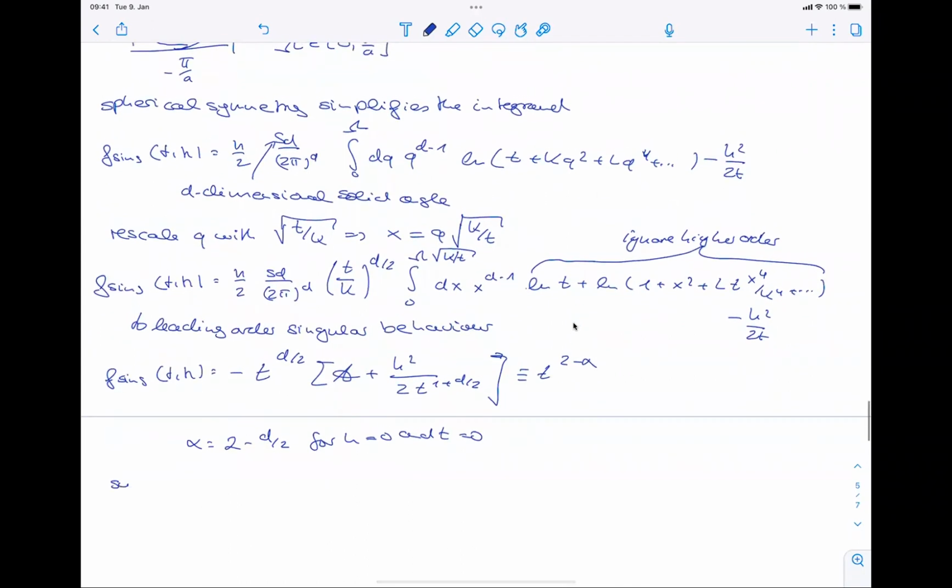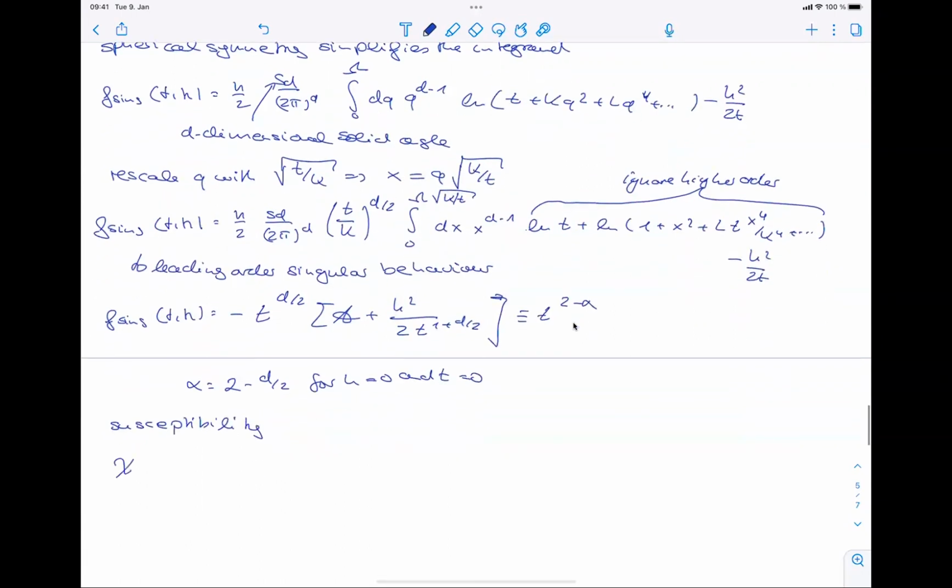And I can, for example, calculate the susceptibility as the second order derivative of the free energy with respect to the applied field. That gives me this contribution only, the d minus 2 cancel, and so that's 1 over t. That's defined as t to the minus gamma, so I read off, for this case, that gamma is equal to 1. Okay.